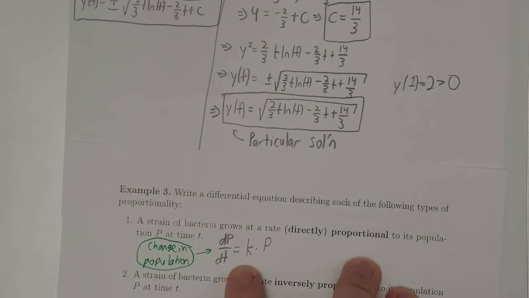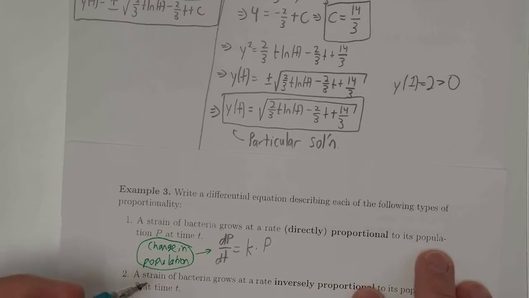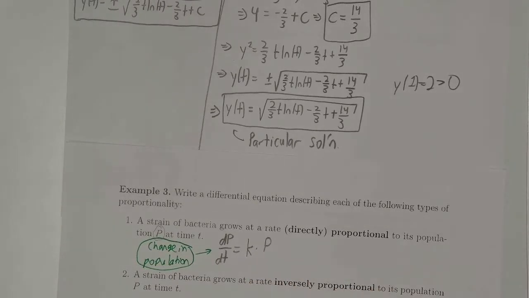Proportional means we incorporate some constant k, times whatever it's proportional to. In this case, it's the population P at time t. So we just multiply by P here, and that's it.